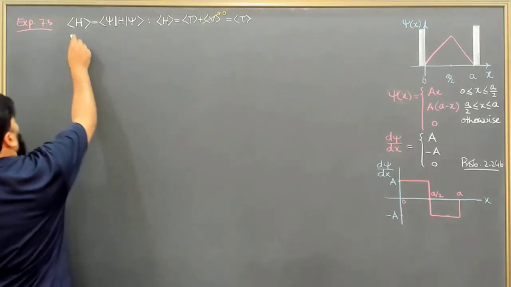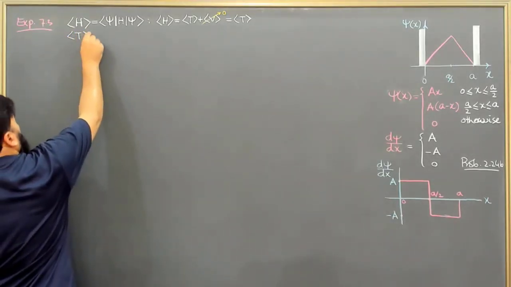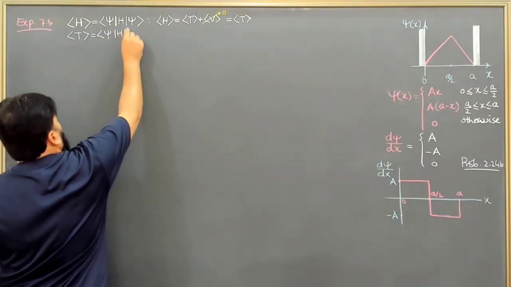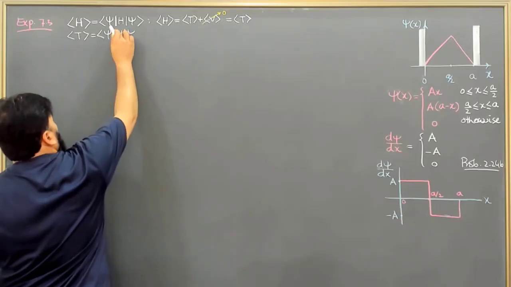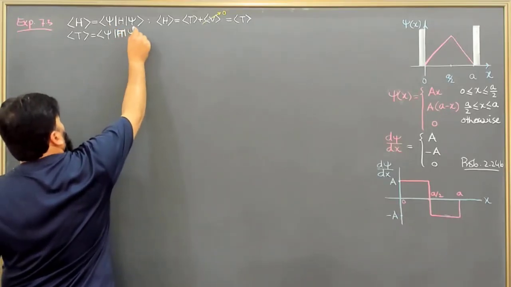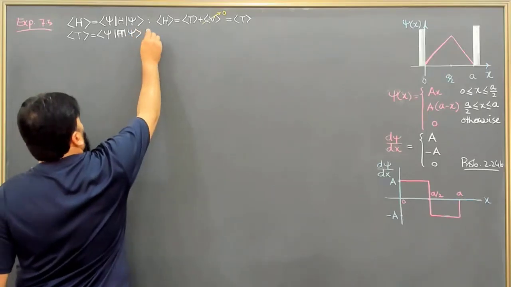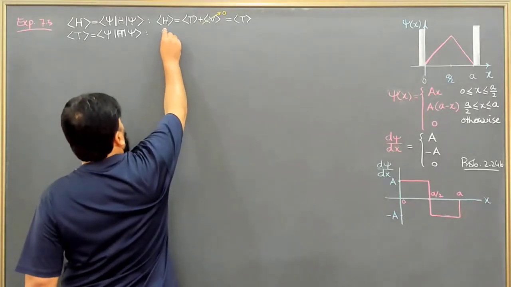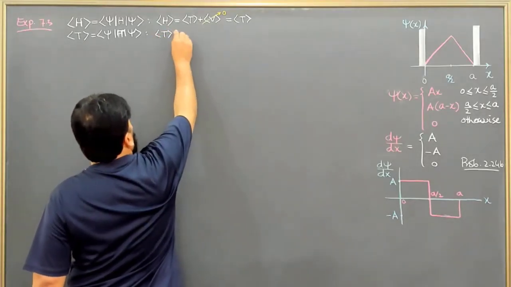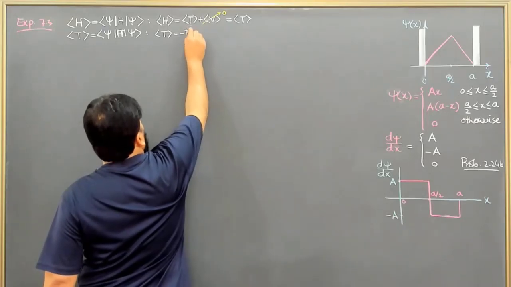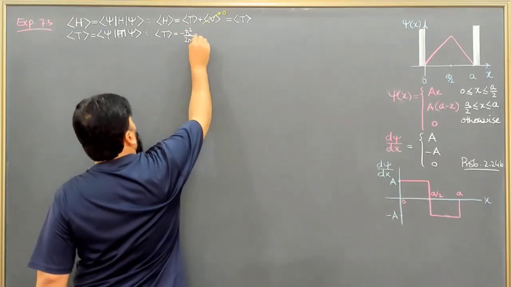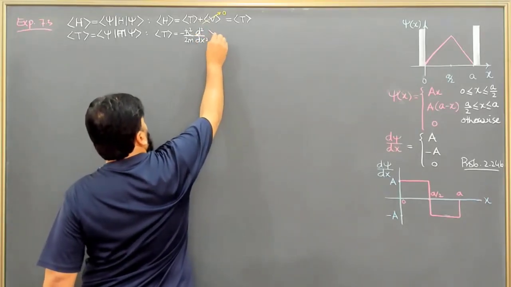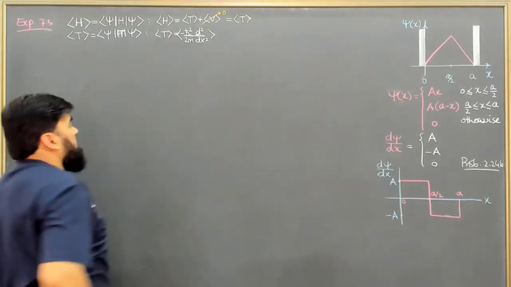So in place of H I will have to write T, and T is basically minus h bar squared over 2m times d squared over dx squared. So we will have to find this value.